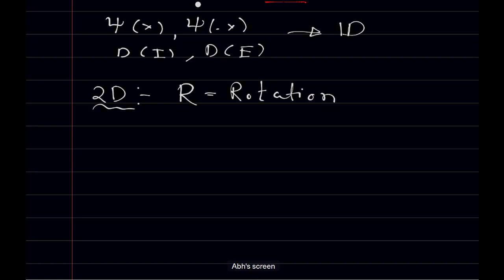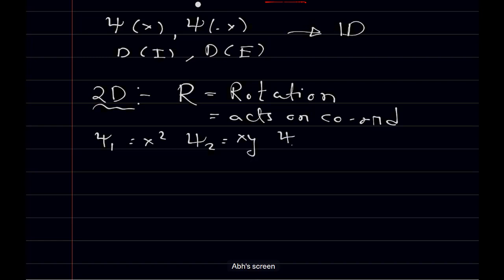and R acts on coordinates. Then I'll give you the bases. Psi1 is equal to x squared, psi2 is equal to xy, psi3 is equal to y squared.